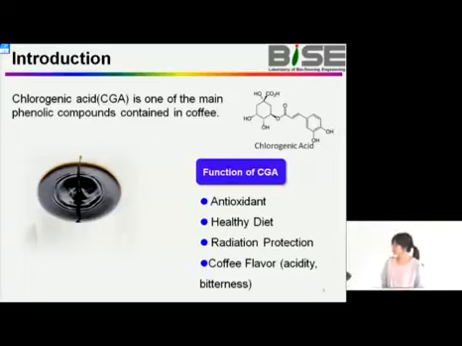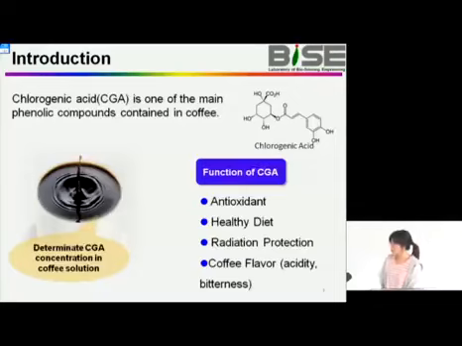It can prevent body cells from oxidant. It plays an important role in a healthy diet. It can prevent people from radiation harm. It also contributes to the formation of coffee flavor such as acidity and bitterness. So based on these functions, to determine CGA concentration in coffee solution becomes necessary.